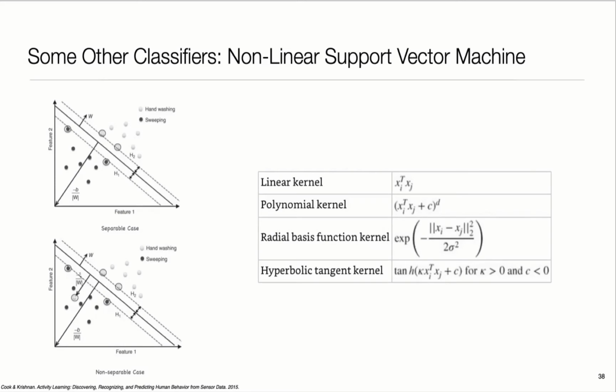This is the nonlinear support vector machine, where we make use of nonlinear kernels to see if there is an underlying structure, so that while a linear plane may not exist, a non-linear one does. So we transform our input space. There are common nonlinear kernels that we would try out to see if they lead to a better result. So that's SVM. I'm not going to spend much time on that either.